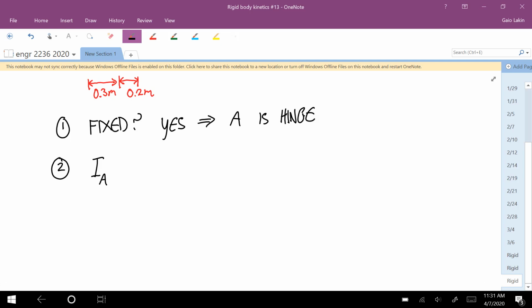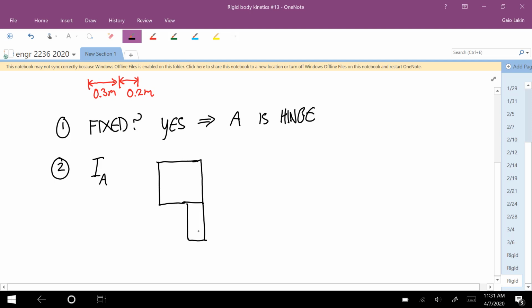So if I break it up into two pieces, let's say this lower rectangle and this upper rectangle.